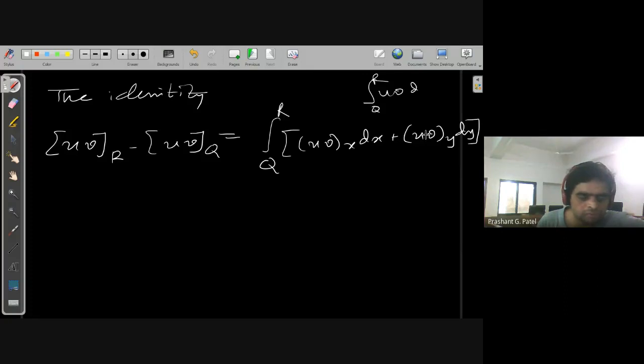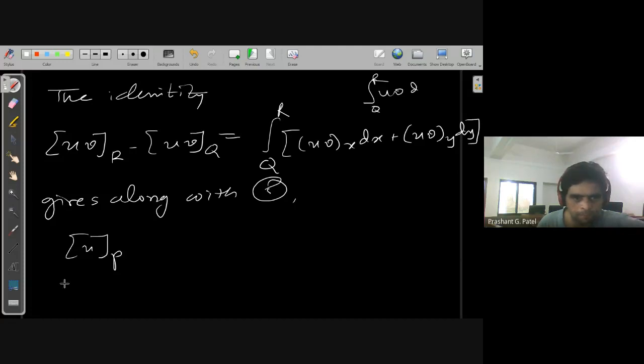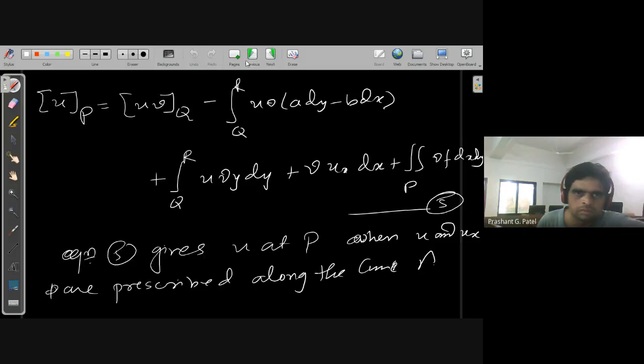If I use this and give along the same calculation along with equation 5, that is u at p, we'll substitute this value of uv at q here. That means uv at q is uv at r minus this quantity. So we'll substitute that value from here.